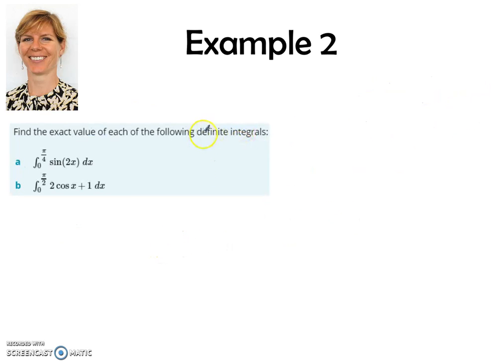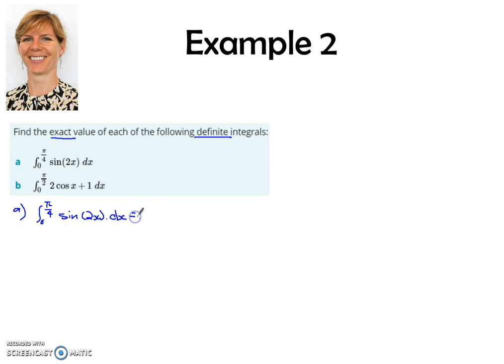Okay, so now we've got definite integrals. So we're not doing plus c, we're looking at over a given interval, as we've got here. So the first one, we're integrating from 0 to pi on 4, and note that it says exact values. So you need to be familiar with your exact values of all your trig ratios. So sine 2x dx.